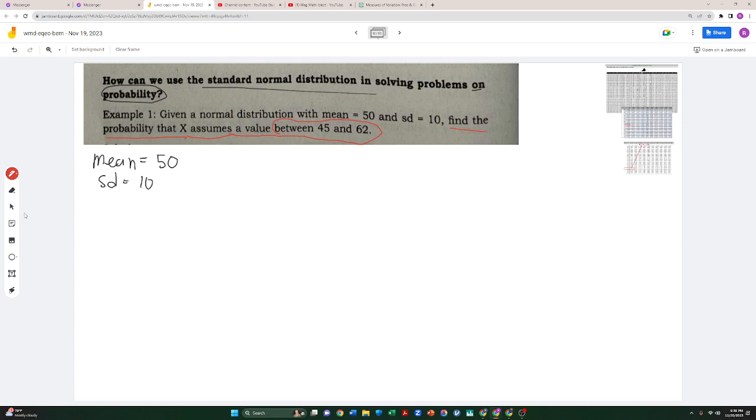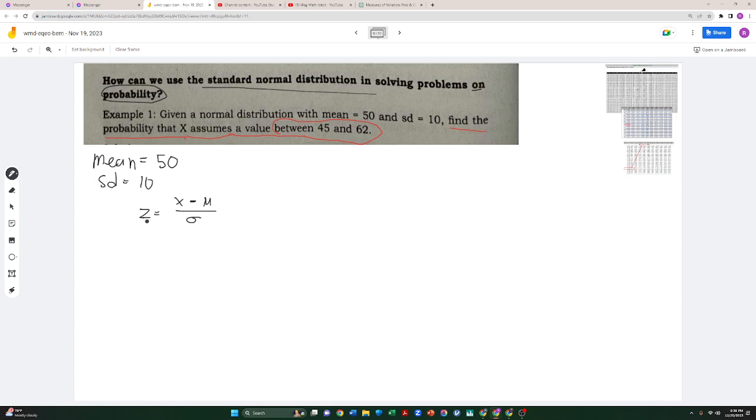The first step, based on the books, is to use the formula z is equal to x minus the mean divided by the standard deviation, right?